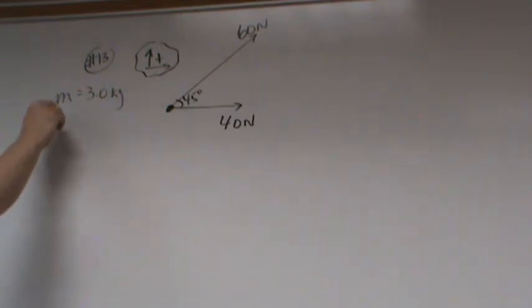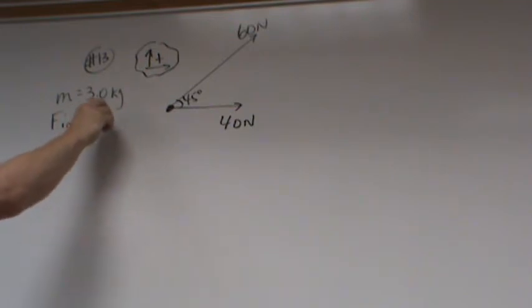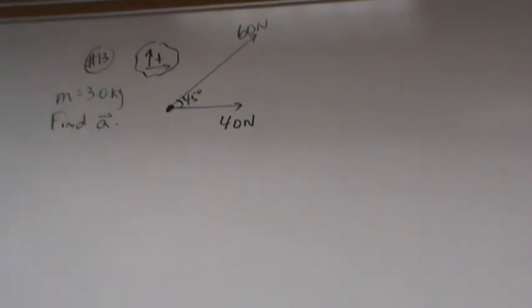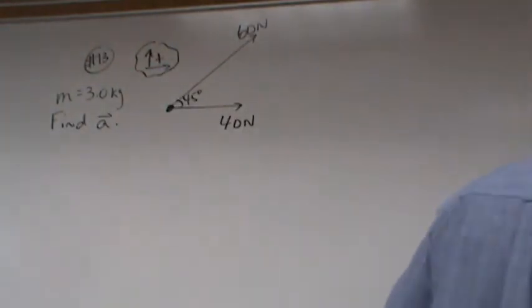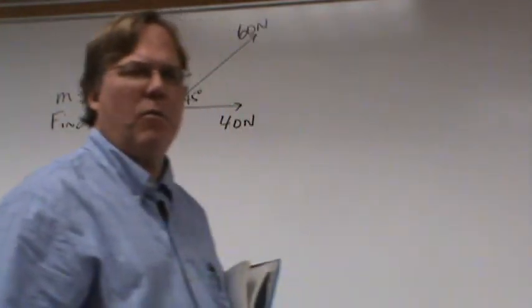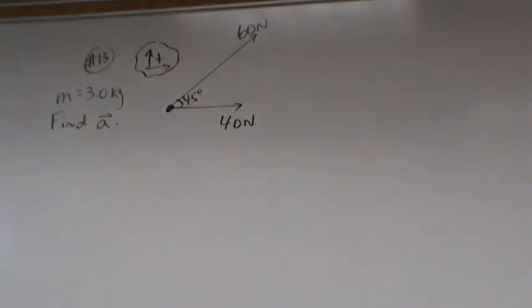They want me to find the acceleration, both magnitude and direction. That's the question. It's a 3-kilogram mass, find the acceleration. So last but not least, even on really simple problems, I'm going to be using the x and y components separately. I'm going to treat the x and y directions separately, because I think it's a good habit to get into.